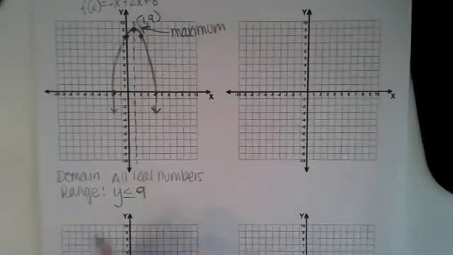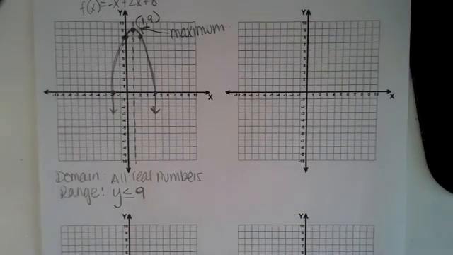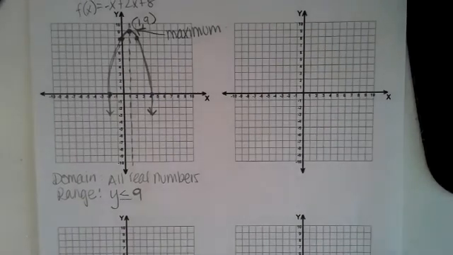Okay, I think this is the easiest way to identify domain and range, and so that's what my suggestion would be for you. Some students have previously asked about negative infinity to infinity.